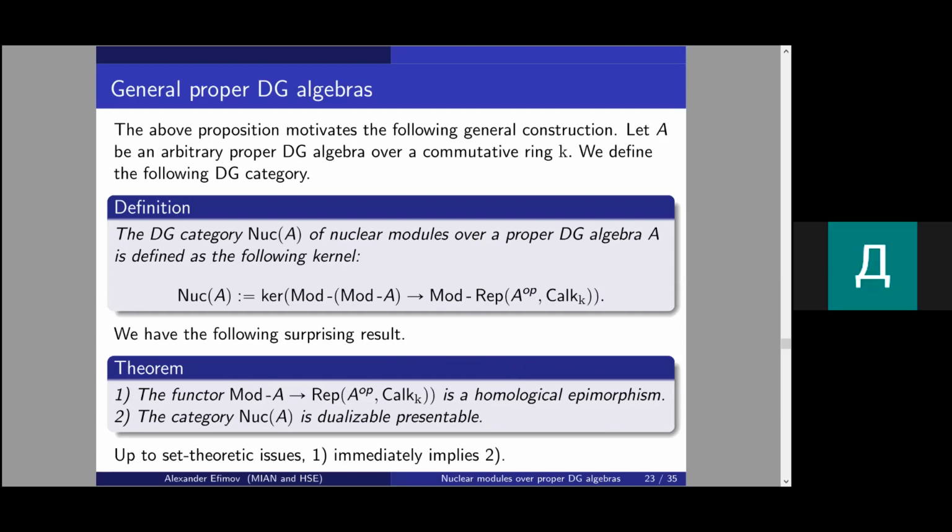Sasha, may I ask, suppose your A is some exterior algebra in one variable or maybe in several variables. Is there a way to describe this nuclear category in terms of polynomials in some way, so that we would feel the geometric nature of it? Well, it's possible, but there's no direct way.